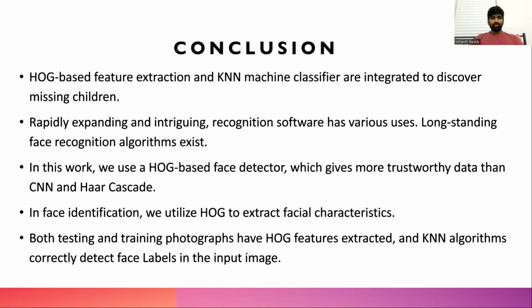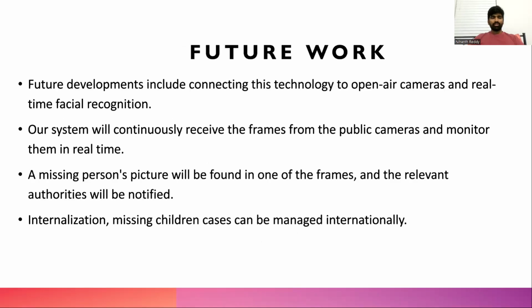Coming to the future work, the application that we have developed is not specific to smartphones or officer mobiles. It can even be integrated with street cameras, open air cameras, and even satellite views.